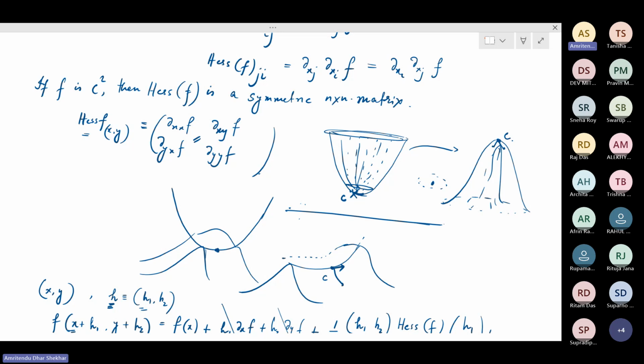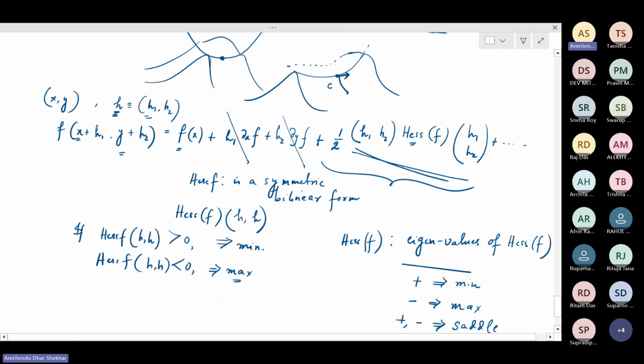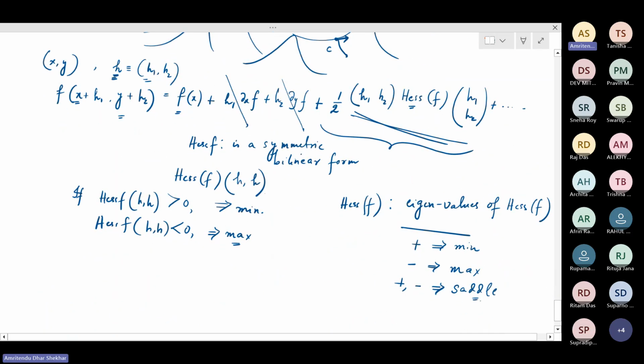If they are all positive, it's a minimum, similar to your 1D case where the second derivative is positive. If all the eigenvalues are negative, it's a maximum. But if you get one positive and one negative eigenvalue, then it is a saddle.